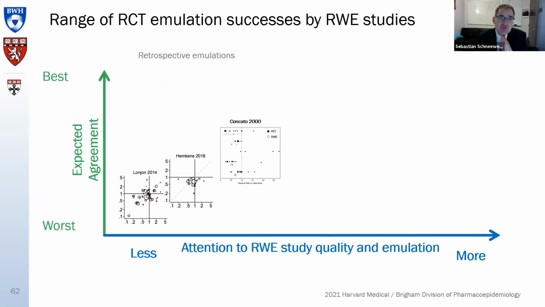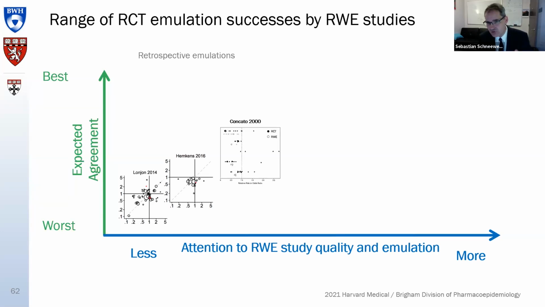Now, this is illustrating the relationship between how well you succeed in emulating the randomized controlled trial. It's the quality of the real-world evidence study and the closeness of the emulation. This is on the x-axis in blue here, and in green on the y-axis, you see the expected agreement between the real-world evidence study and the randomized controlled trial.